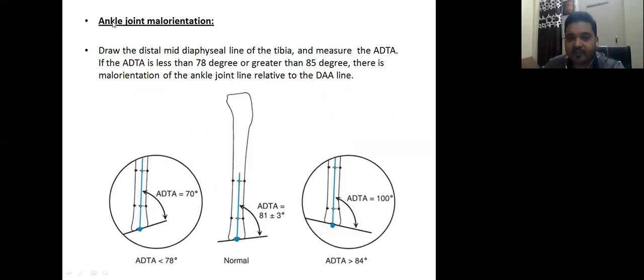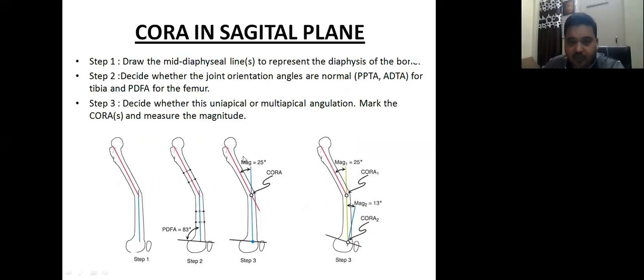Similarly, for ankle joint malorientation, we have to know the normal anterior distal tibial angle of 70 degrees. If the anterior distal tibial angle is less than 70 degrees or greater than 85 degrees, any such deviation would lead to deformity. Now, for the CORA in the sagittal plane, we have to draw the mid-diaphyseal line, that is, the anatomical axis of the diaphysis of both bones.